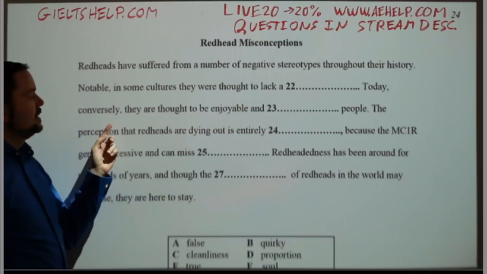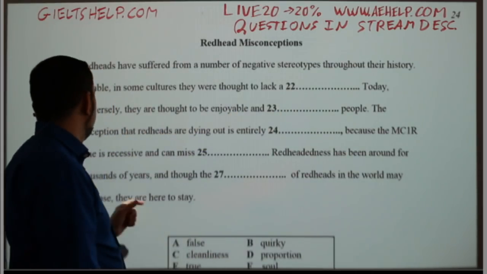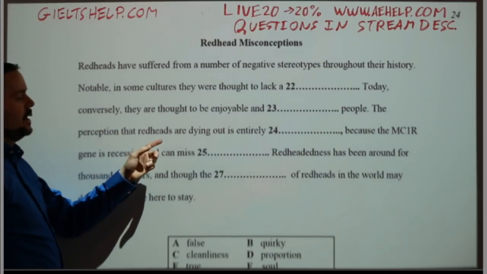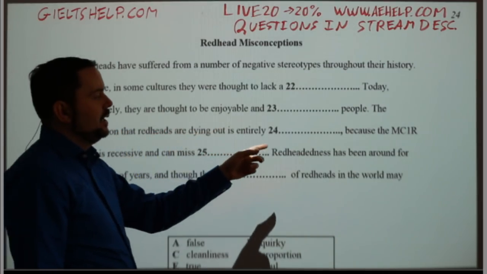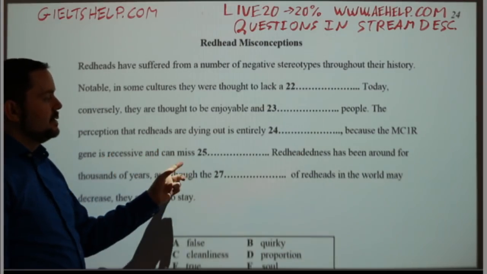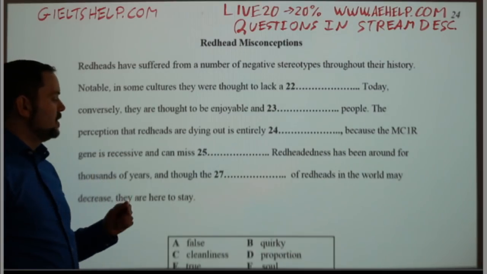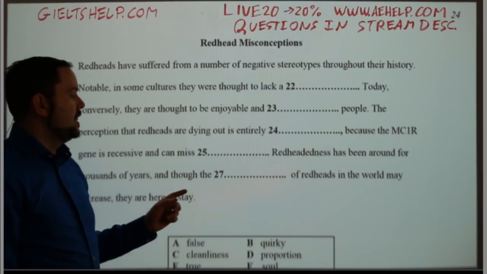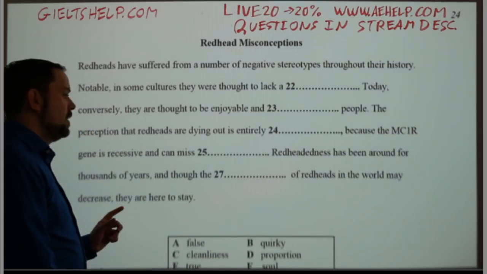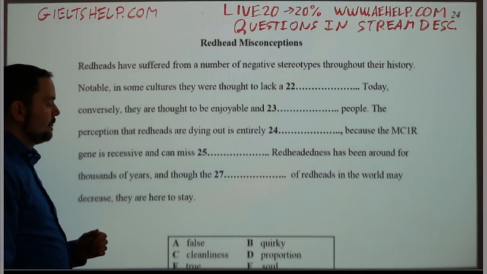Today, conversely, they are thought to be enjoyable people. The perception that redheads are dying out is entirely because the MC1R gene is recessive and can skip generations. Redheadedness has been around for thousands of years, and though the number of redheads in the world may decrease, they are here to stay. Okay, good.